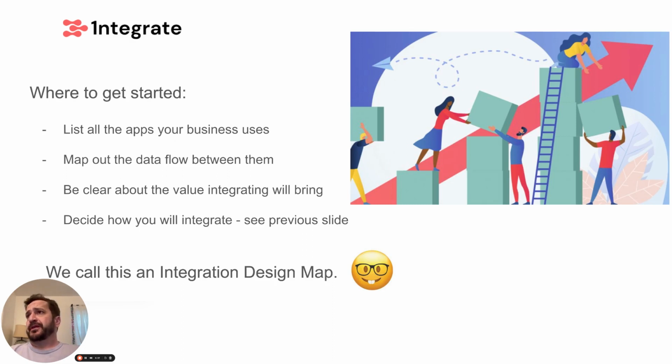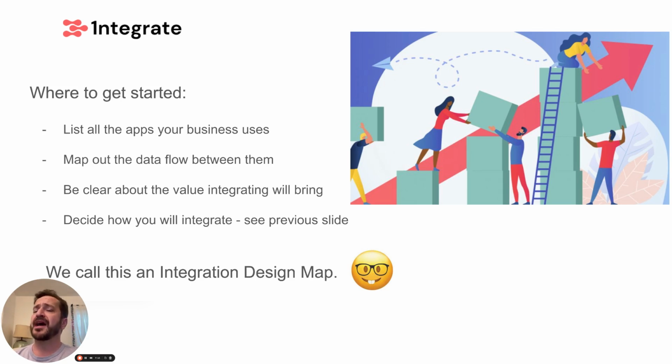Where to get started. Before you go and try to integrate or work with a partner, you really have to get a feel for what it is you want to integrate. Start with listing all the apps your business uses.